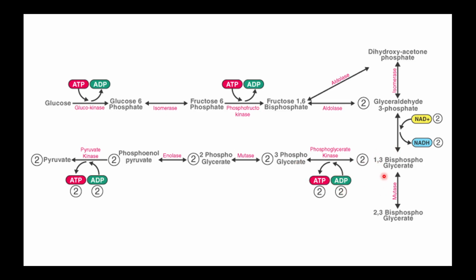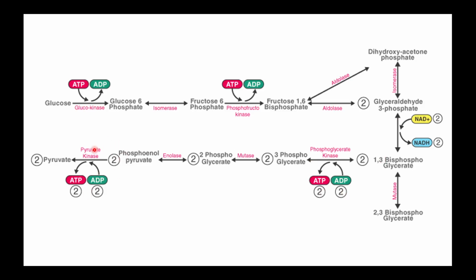Now since there are two molecules of 1,3 bisphosphoglycerate, we'll have two molecules of ADP. So two molecules of 1,3 bisphosphoglycerate means there are two molecules with two phosphates, right? So now two phosphates can be transferred to two molecules of ADP and it can give us two molecules of ATP. Okay, so we get two molecules of ATP from this step itself.